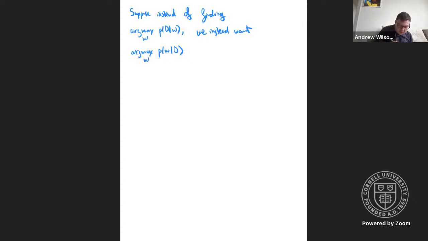So let's just say, what is P of W given D? Using Bayes' rule, that's going to equal P of D given W, P of W over P of D. So this is just Bayes' rule.